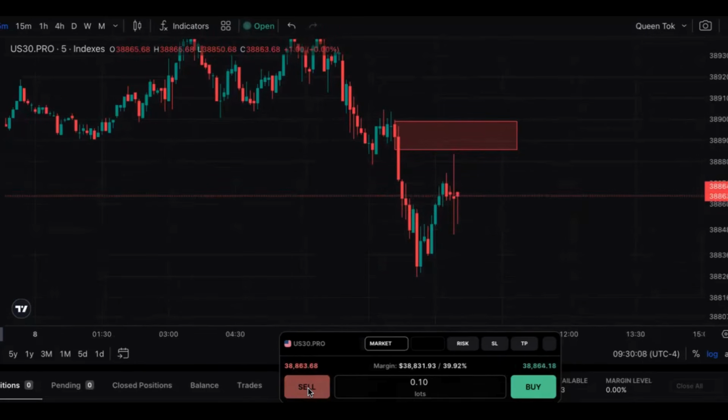Here's the 9:30 candle. 48 seconds after 9:30, like we took out that little wick up there.